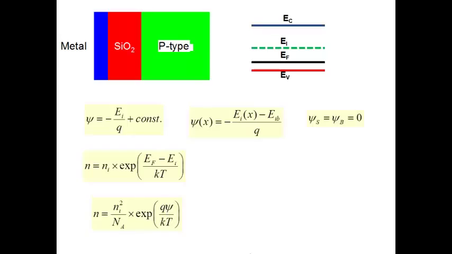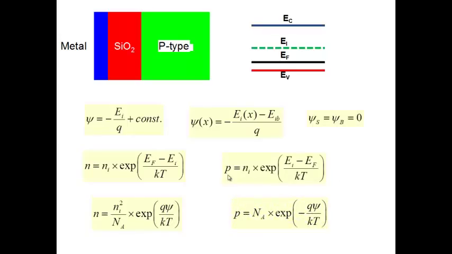Similarly, P equal to Ni exponent EI minus EF by KT we know. And again, with one or two steps of calculation, you can show P equal to Na exponent minus Q psi by KT. So what it is saying is, this is how we are defining psi. And once you know psi, you can express n in terms of psi and you can express P in terms of psi.